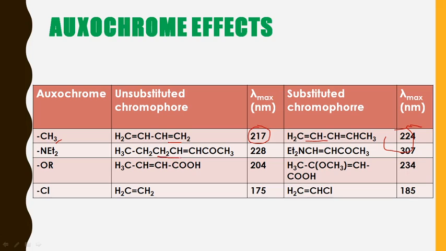Here this is an unsubstituted chromophore. It will give the lambda max at 228 nanometers. If it is substituted by an auxochrome, that is diethylamine, at this place, then you will have the lambda max at 307.